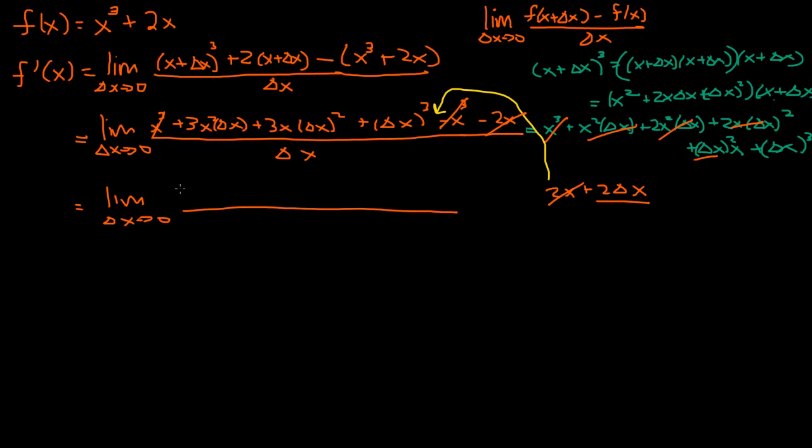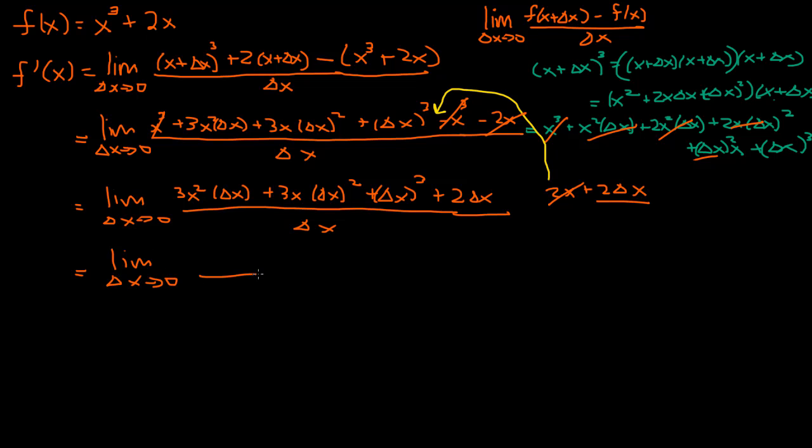So I have 3x squared delta x plus 3x delta x squared plus delta x cubed plus 2 delta x, all over delta x. Now, I need to factor that numerator, and this is the general process here.